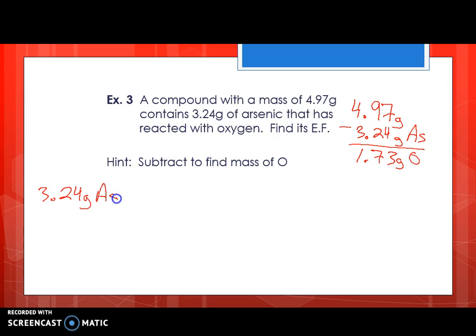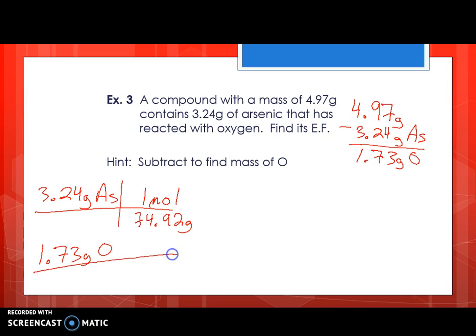3.24 grams of arsenic converted to moles. Arsenic 74.92 in 1 mole. Oxygen, 1.73 grams of oxygen is 16.00 in 1 mole.